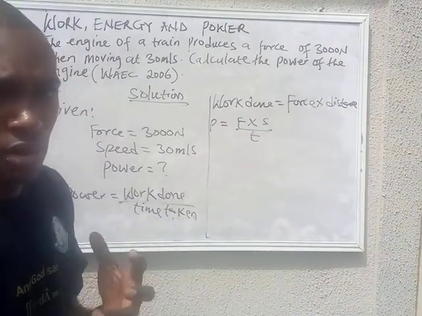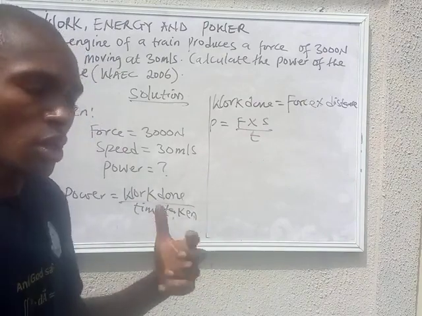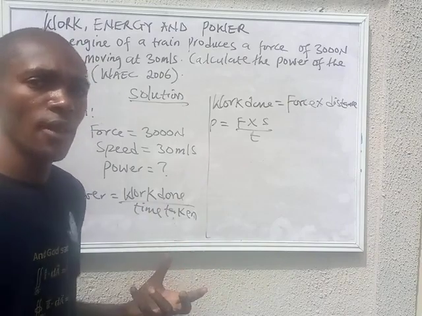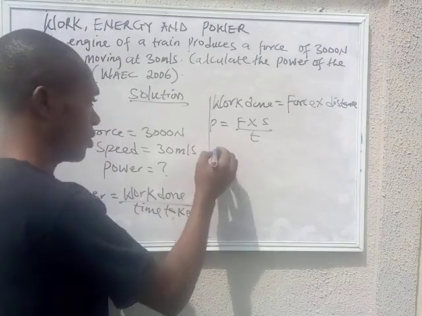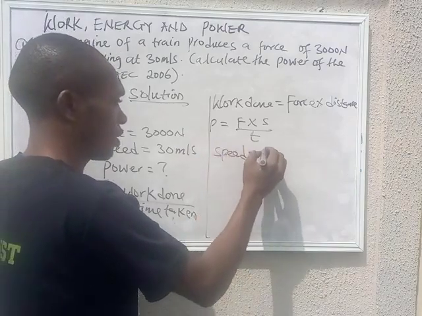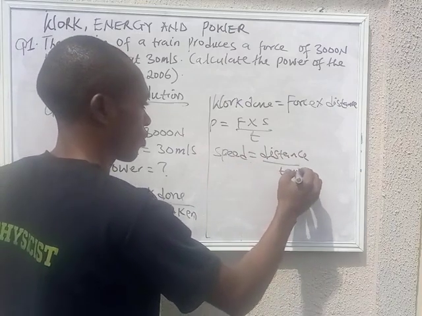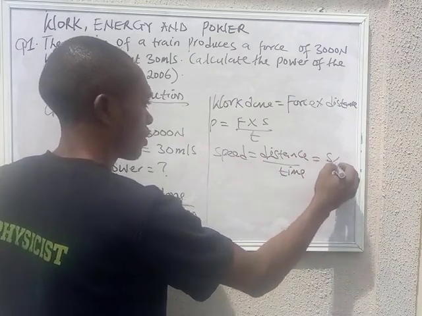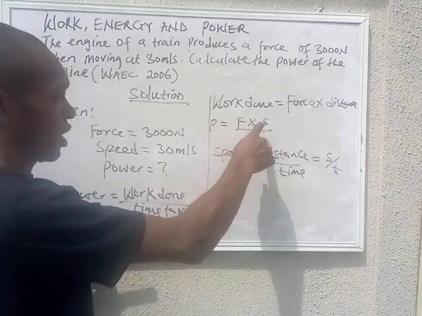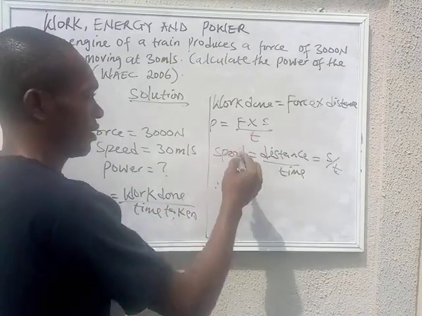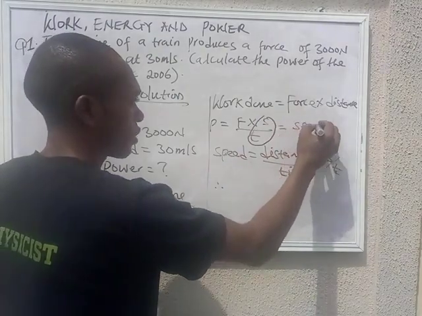Now, if you remember clearly, when we're talking about linear acceleration, velocity, and speed, you will discover that speed is given as distance over time, which is the same thing as S over T. Therefore, this S over T stands for speed.